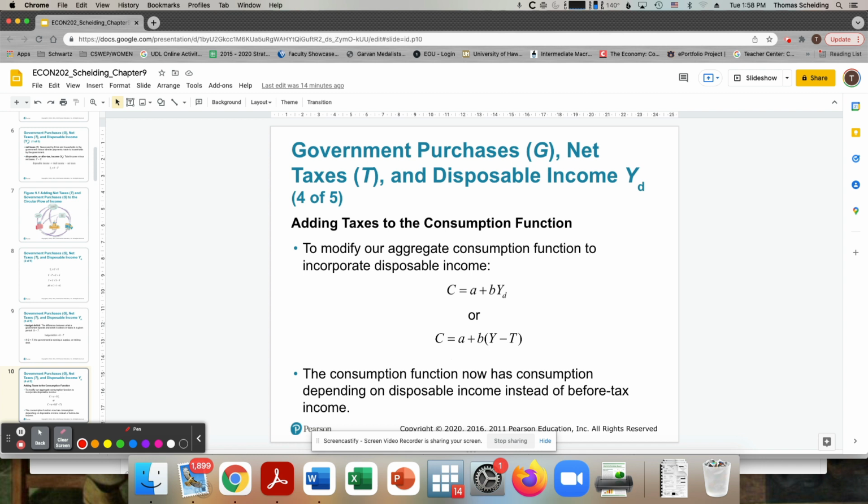So here what we're saying is that the consumption function has two parts. It has what could be called an autonomous part. Autonomous meaning it doesn't change with the level of income. So an example of this would be, let's say, I need a certain amount of food to survive every month.